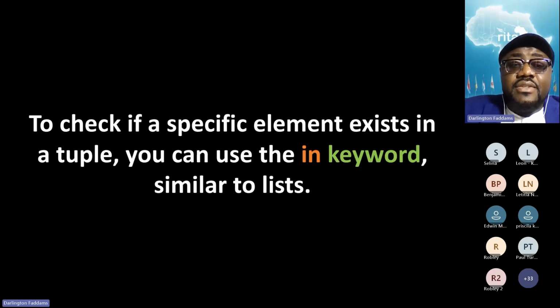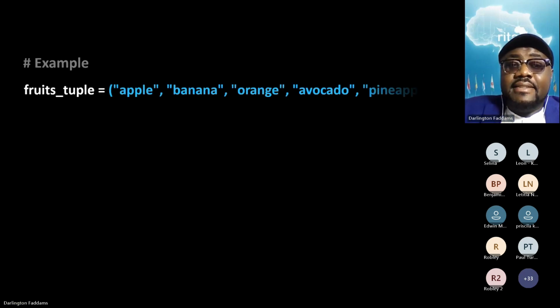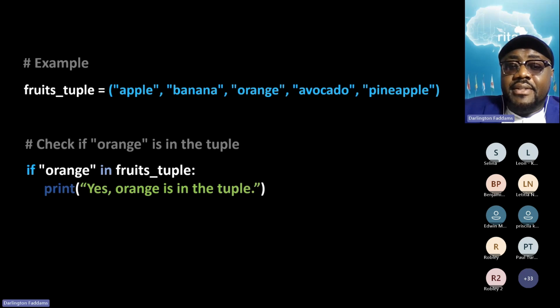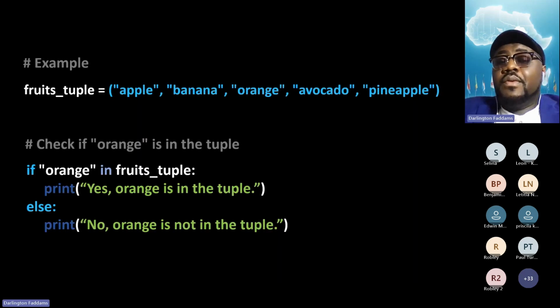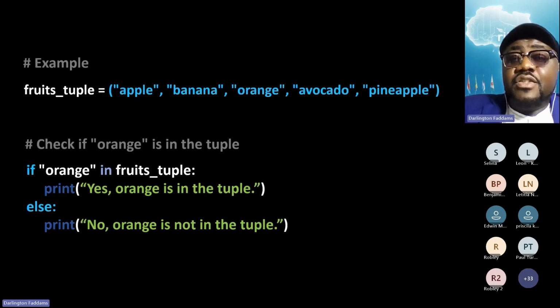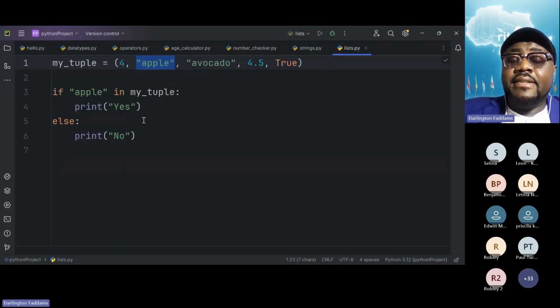If you want to search, you can use the in keyword, just like we discussed. All right. So lists and tuples are very, very simple, and they are super, super important data structures in Python.